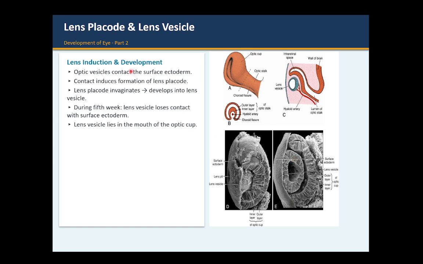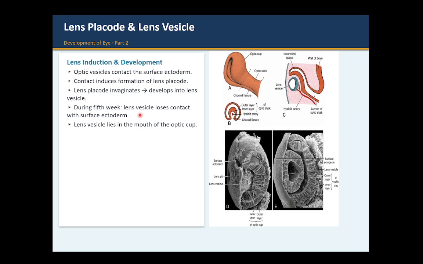So you have the optic vesicle coming in contact with the ectoderm, and the contact of the optic vesicle with the surface ectoderm induces the lens placode to be formed. The lens placode invaginates and develops into the lens vesicle, and during the 5th week the lens vesicle loses contact from the surface ectoderm, and it is going to lie within the optic cup.